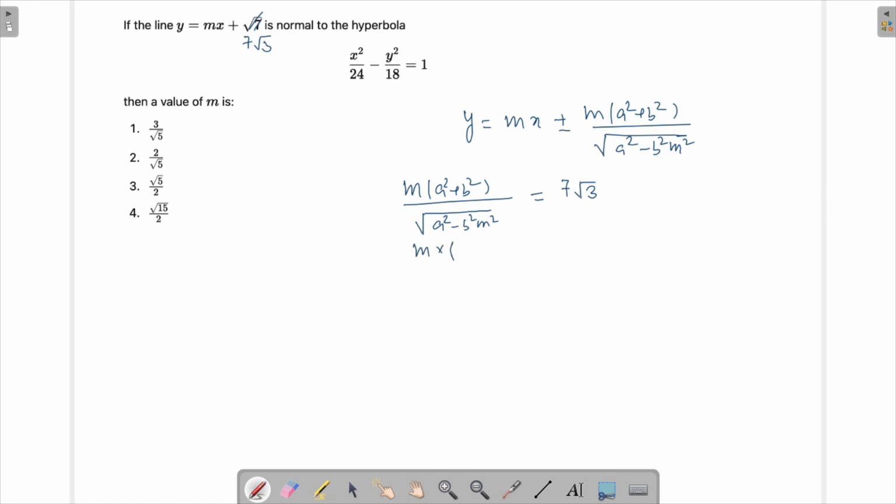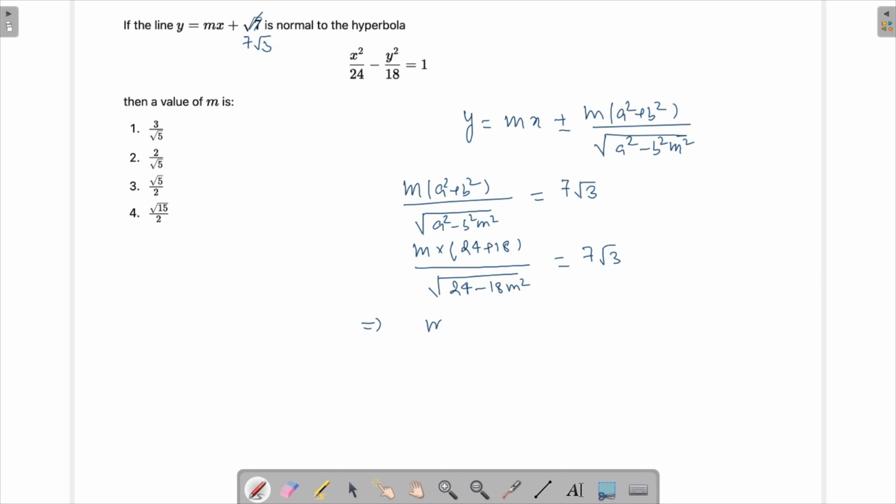So we get m into 24 plus 18, upon square root of 24 minus 18 m square, which is equal to 7 root 3.